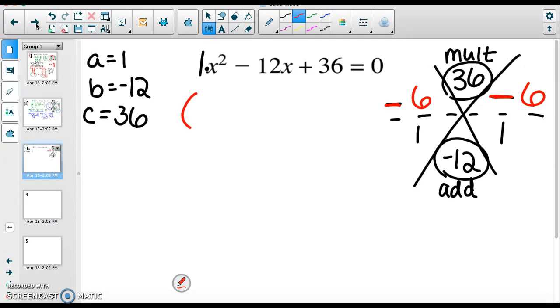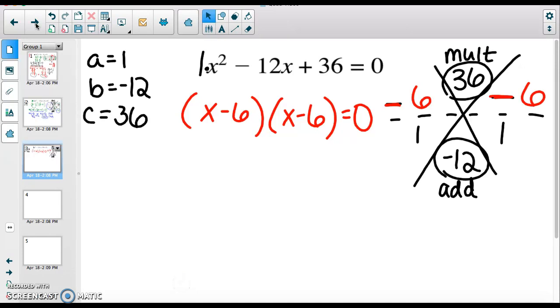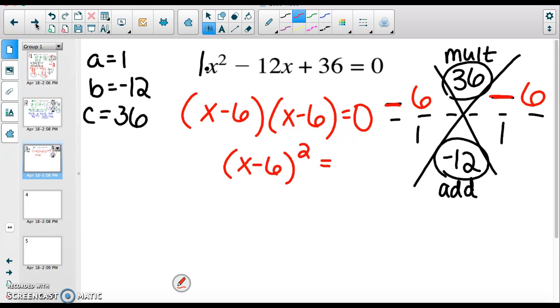Negative 6 divided by 1 is going to be a really nice one because it's the same factor, so I don't even need to slide any denominator. Now, just so you know, I could rewrite this as x minus 6 squared, which would be the same thing.